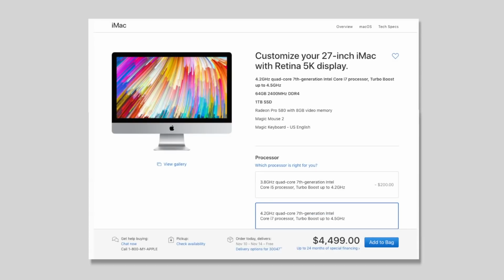I just put together an iMac on the Apple website with the exact same specifications of the computer we built. Got the 4.2 gigahertz quad core, 7th generation i7 processor, 64 gigs of RAM, 1 terabyte solid state drive, and if you look at the price, $4,499. That's $4,500. So I saved right there $3,500.